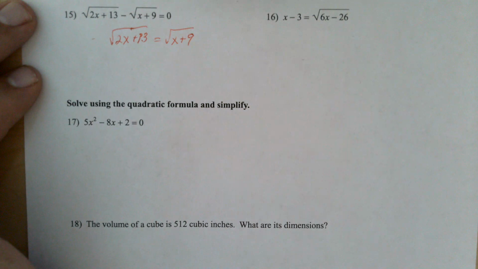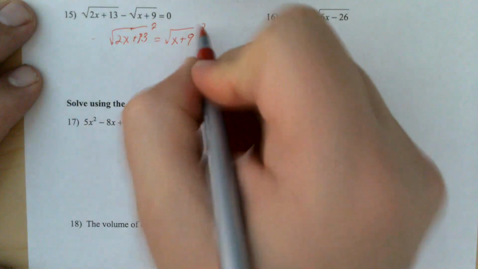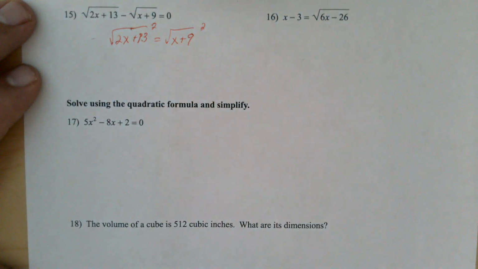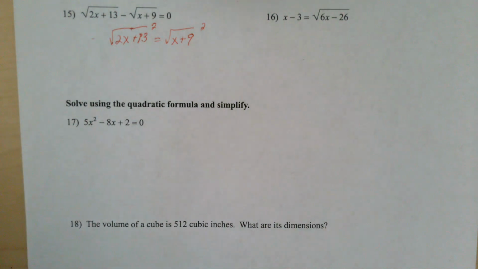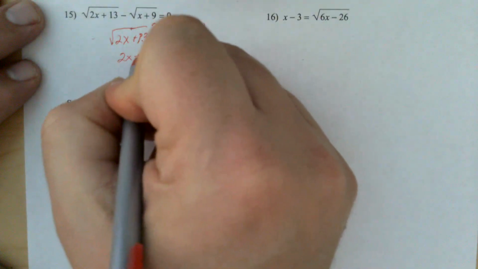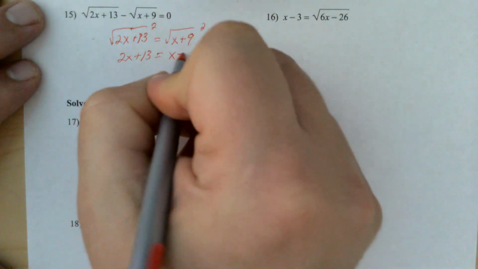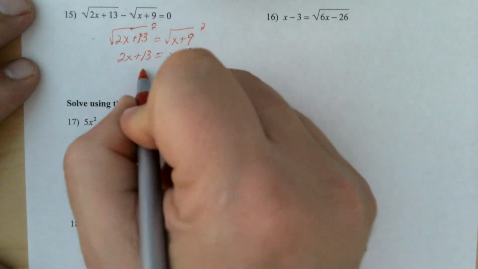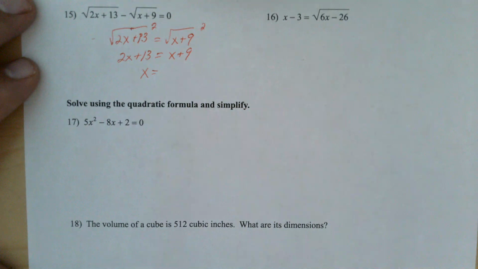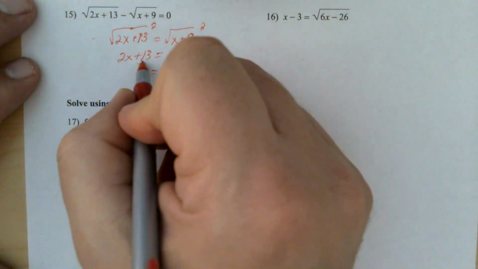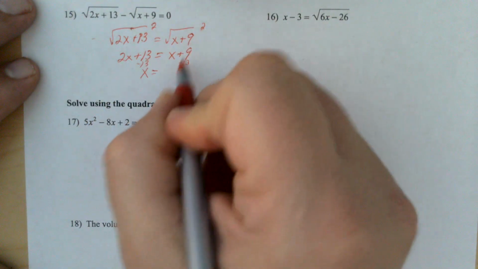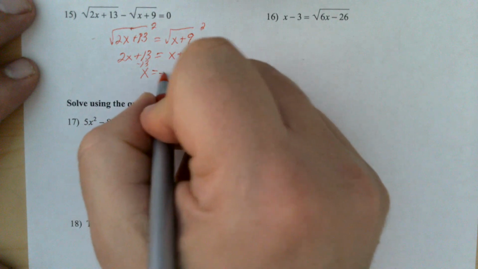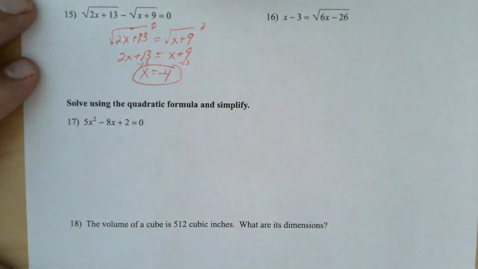And once I do that, the radicals can disappear because I'm allowed to square both sides. If I square both sides, it negates the square root. And now I have an easy equation that if I subtract an x, I'm left with x on the left. If I subtract 13, I get 9 minus 13, which is negative 4. And that is your answer.